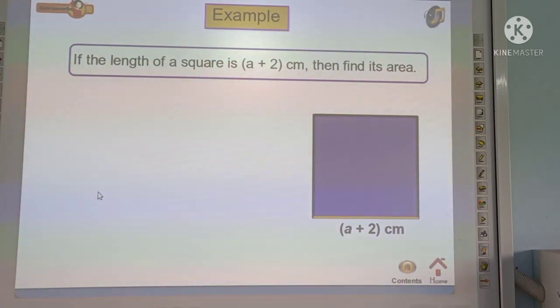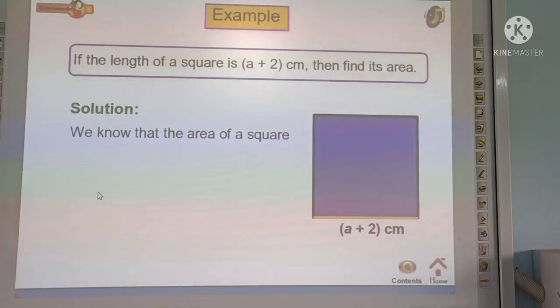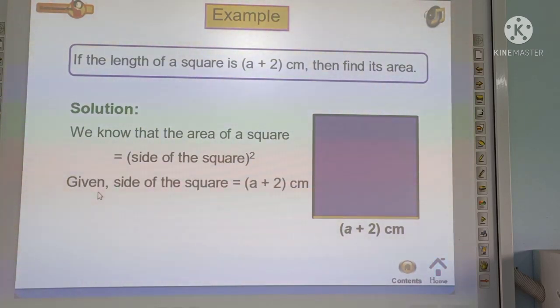Let us work out a problem. If the side of a square is a + 2 centimeters, then find its area. We know that the area of a square is equal to the side of the square whole squared. We are given that the side of the square is a + 2 centimeters.